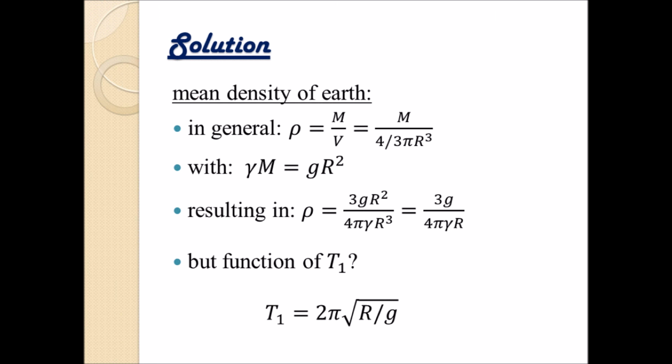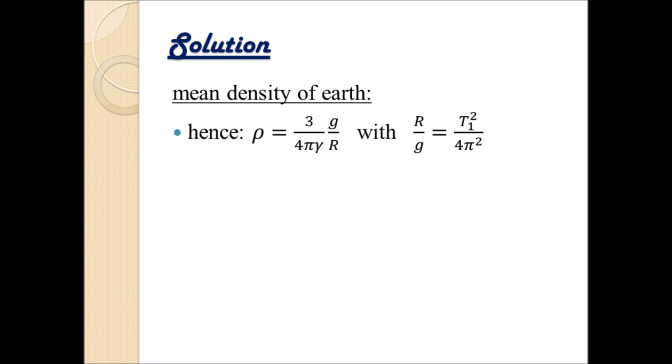What we get is that r over g equals T1 squared divided by 4 pi squared. And yes, if we turn this equation around, we can actually put it into our equation for the density.